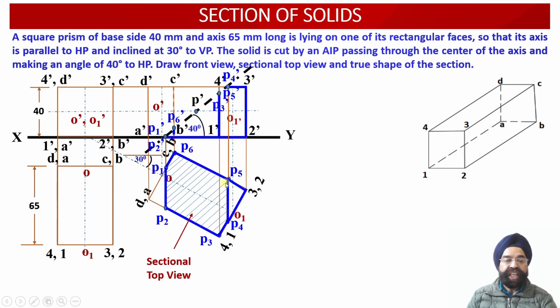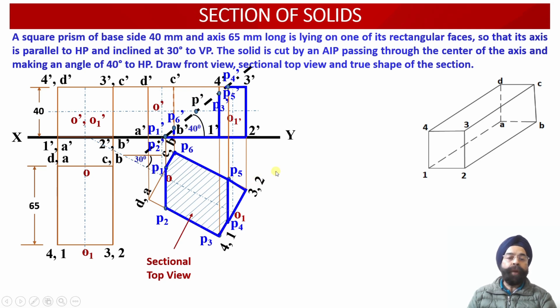But this portion of the solid has not been cut by the cutting plane. So this portion also needs to be drawn because it has not been removed by the cutting plane. Since it has not been sectioned, we have not carried out the sectioning of this portion of the solid over here.